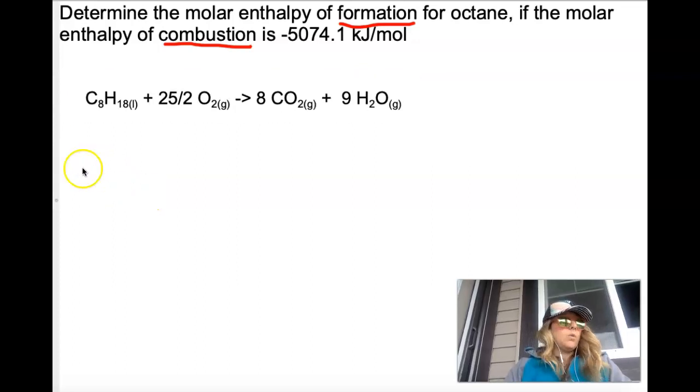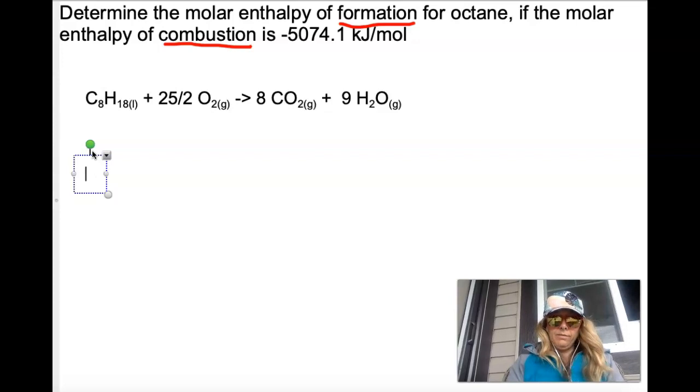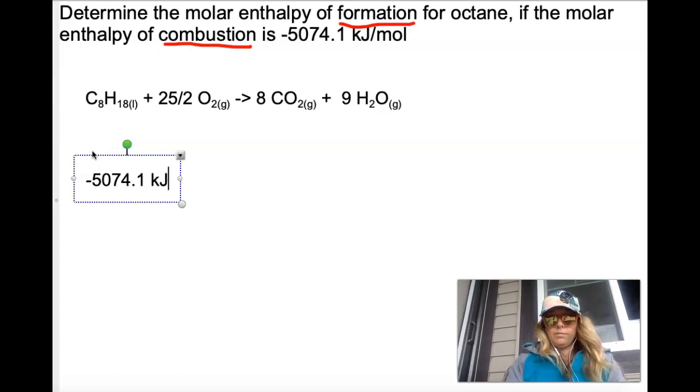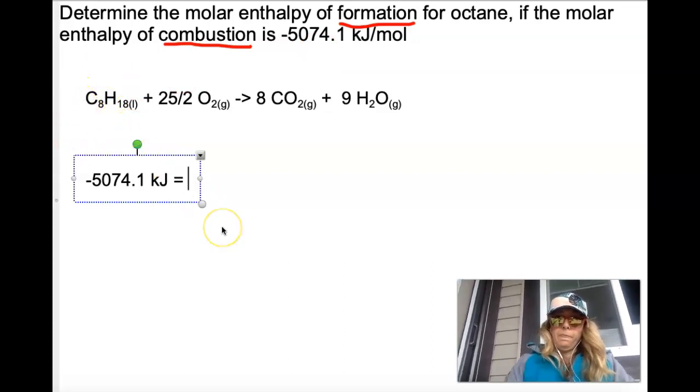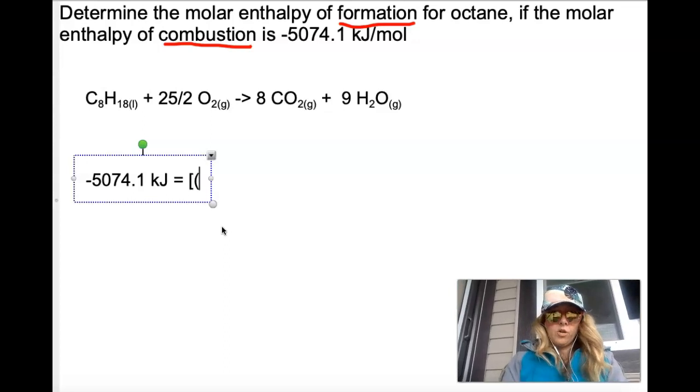So in this case, when I set up my calculation, normally we're solving for the delta CH, but we already have that. It was given to us in the question. So what we have is that negative 5,074.1 kilojoules equals, and I'm going to get rid of the per mole because I already have this as per mole. So this is going to equal the sum of n delta FH, not of the products.